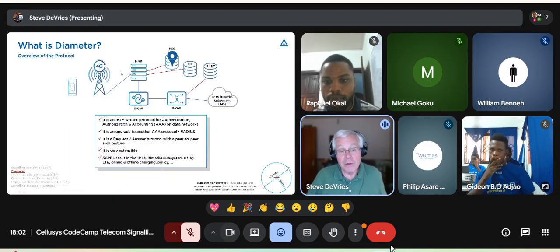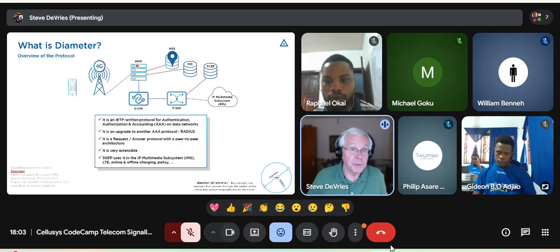Now diameter. Remember on a 4G, we talked about this in the previous lesson. This is the architecture of a 4G network. You power on your mobile phone, you have your radio interface here, and you have communication to this other device called the mobility management entity, which takes the place of the mobile switch in the 2G, 3G network.